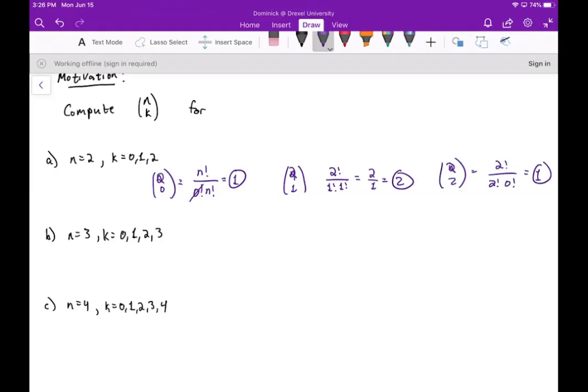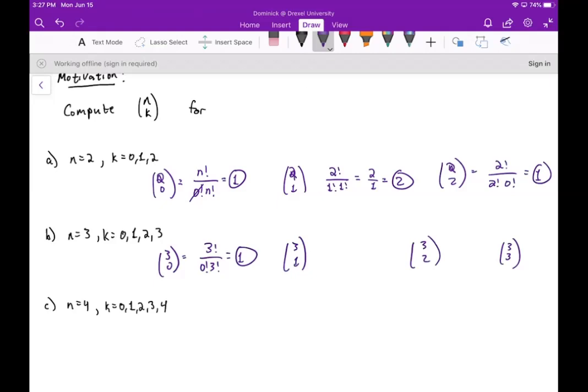Now for 3, we're going to have 3 choose 0, 3 choose 1, 3 choose 2, and 3 choose 3. We'll only compute the first 2 of these because that's all we're going to need. 3 choose 0 would be 3 factorial over 0 factorial, 3 factorial, and that's just 1.